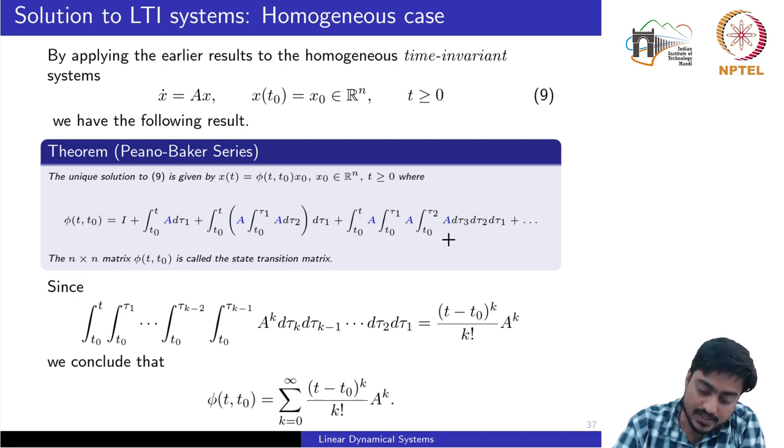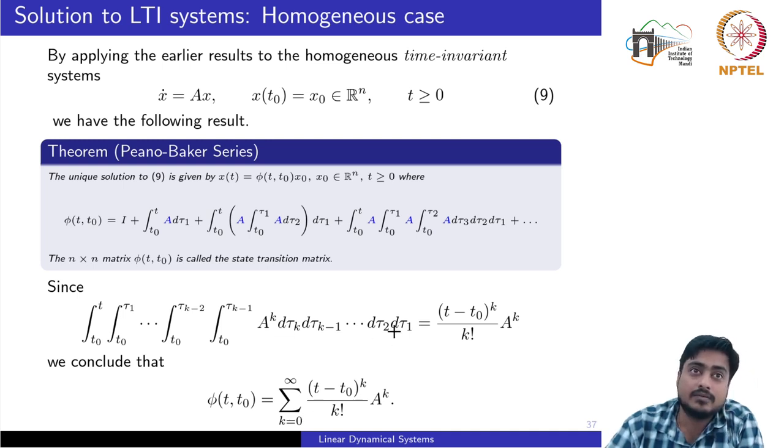Similarly, if we see the third element, it is from t0 to tau 2. So this is the k minus 1th part. In the third element we have A to the power 3, so for the kth element I would have A to the power k, and similarly all these d tau k minus 1 up to d tau 1.